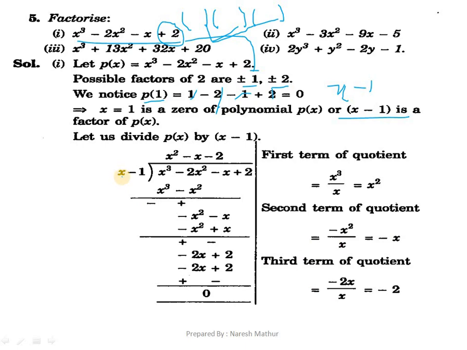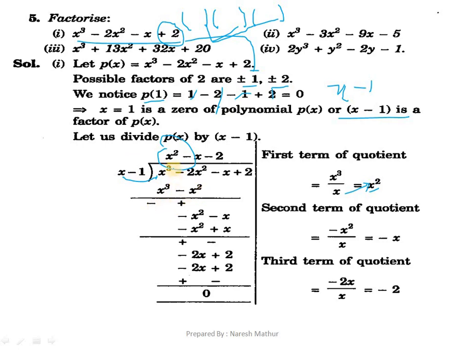We need to multiply x with such a number so that we can get x cube. So we need to multiply x by x square only, so x into x square would be x cube. That x square will multiply with the minus 1 also, so we'll get minus x square.